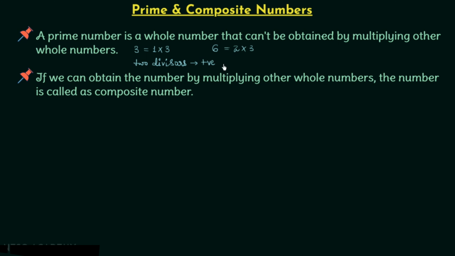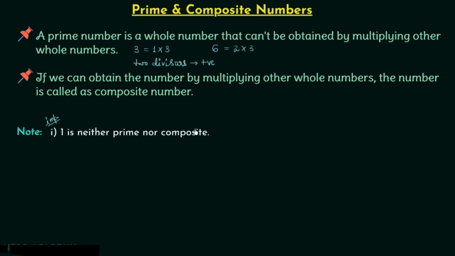Let's move on to a few other important points, out of which the first one is that 1 is neither prime nor composite. This is one important point to understand. It is not prime because I just said that prime numbers have two positive divisors, but 1 has only one single divisor, that is itself, and therefore 1 is not a prime number.